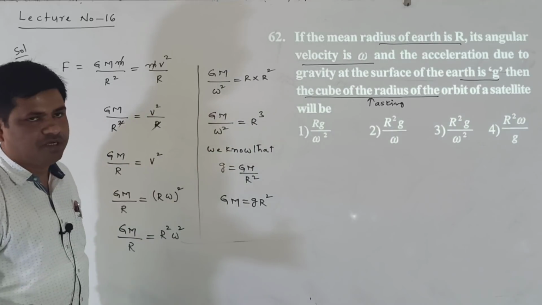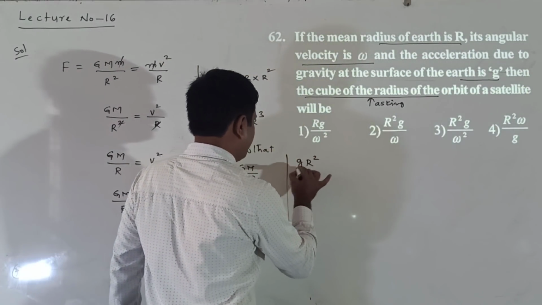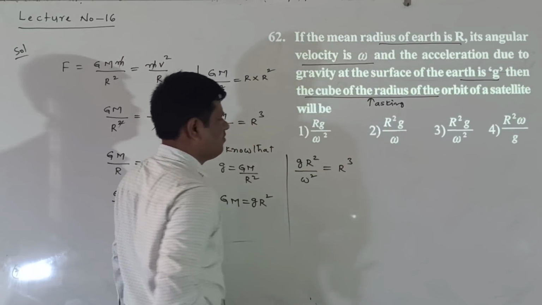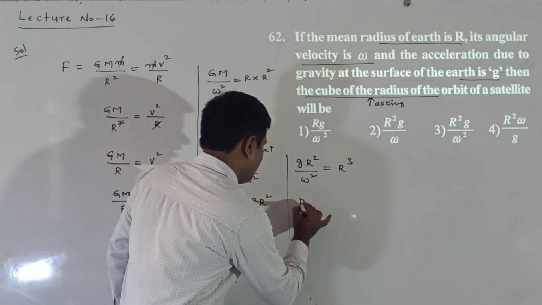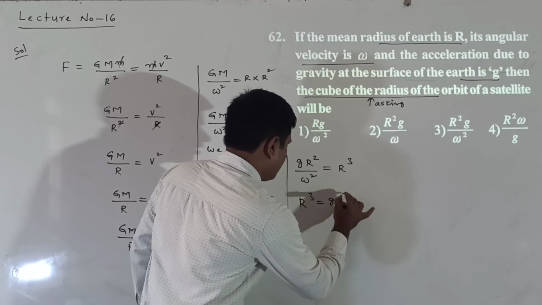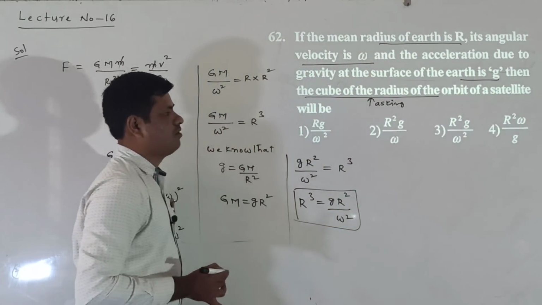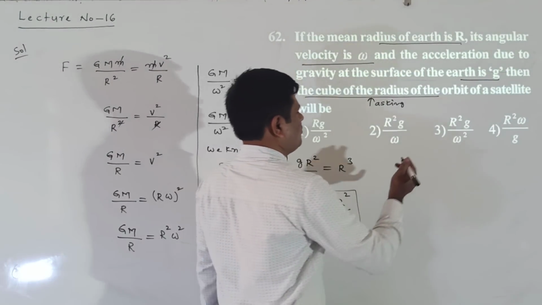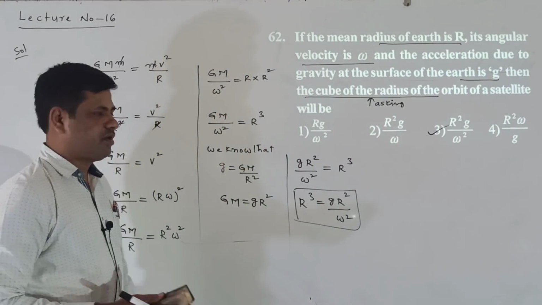Substituting the GM value, what do we get? g R square by omega square is equal to R cube. The cube of the radius of the orbit is asked, so R cube is equal to g R square by omega square, that is R square g by omega square. Which option is correct here? The third option is correct. Okay.